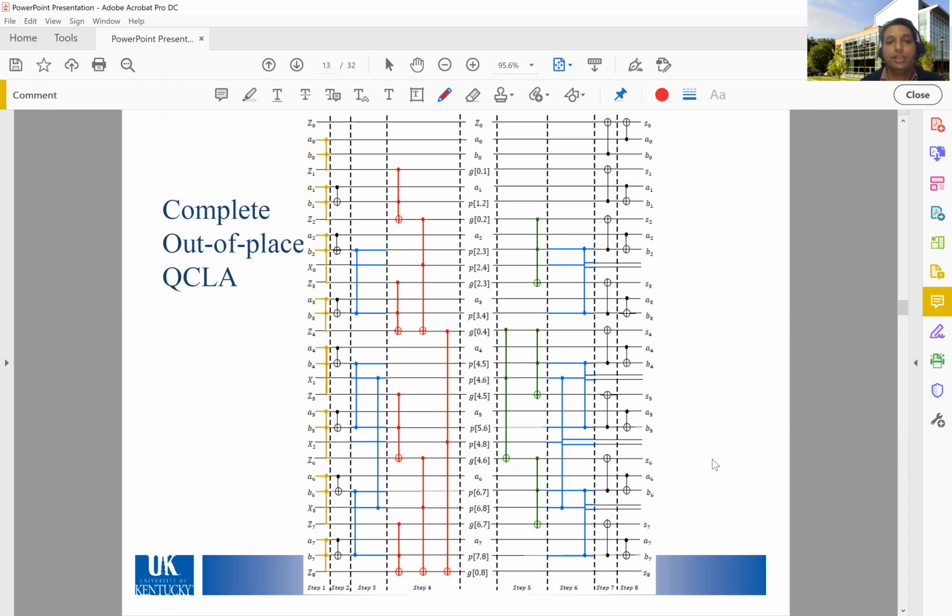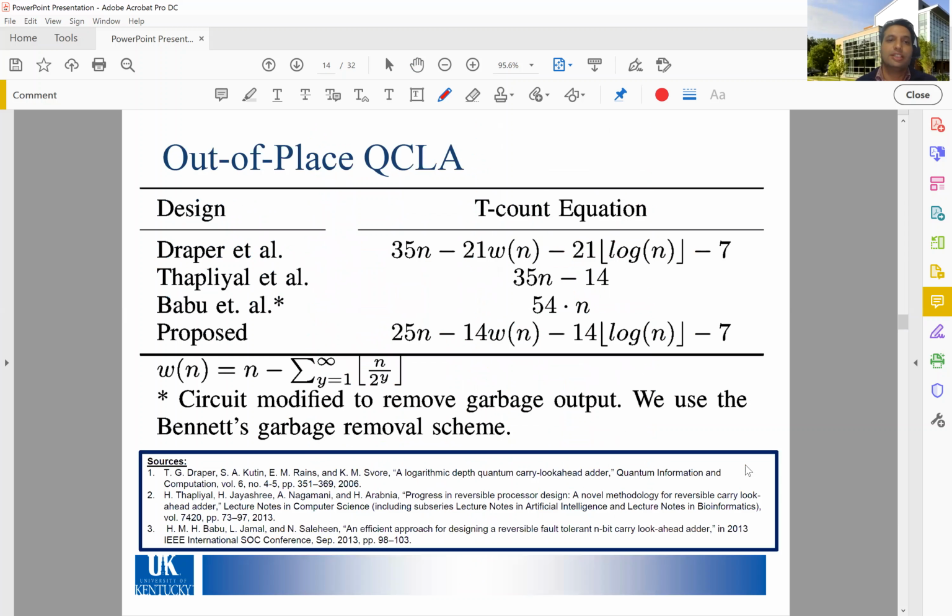If you do that, you will get these gates which we replaced by the new building block that we discussed. So what you can see here is that you will have a new type of carry lookahead adder, which has already optimized cost in terms of quantum gates, and moreover there is no measurement operation being performed in between. So this is an illustrative example.